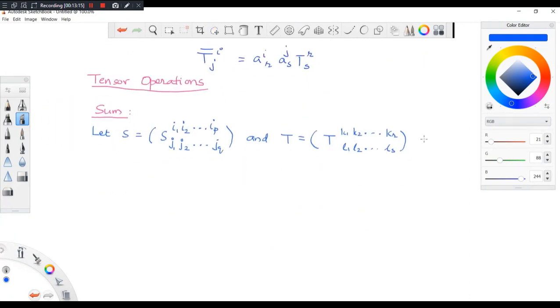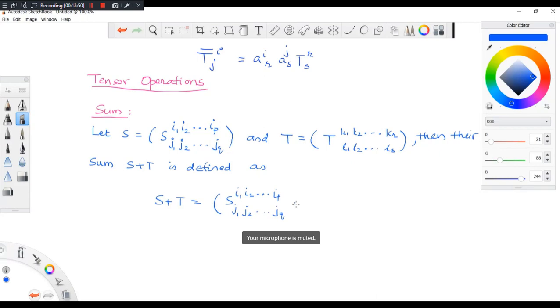Then their sum S plus T is defined as S of I1, I2, etc. IP, J1, J2, etc. JQ plus T of K1, K2, etc. KR, L1, L2, etc. LS.